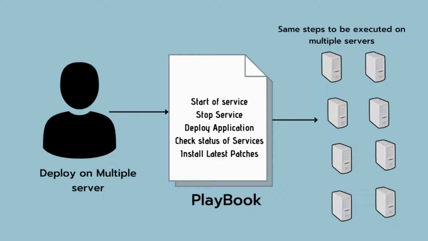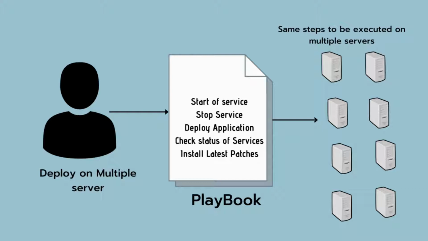The playbook is nothing but a file which is written in the YAML language and is understandable by an Ansible machine. So the extension of your file should be .yaml or .yml. Any one of these extensions will be okay for you to write the playbook, and it is executed by an Ansible machine.